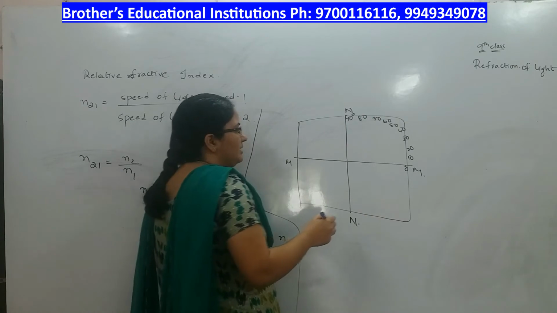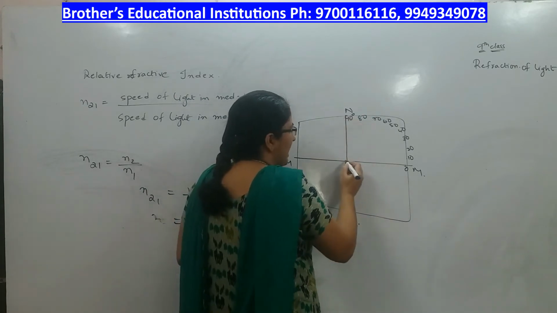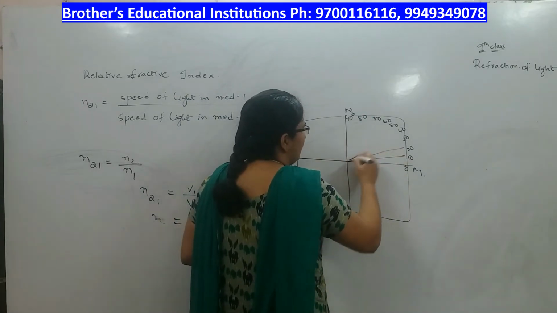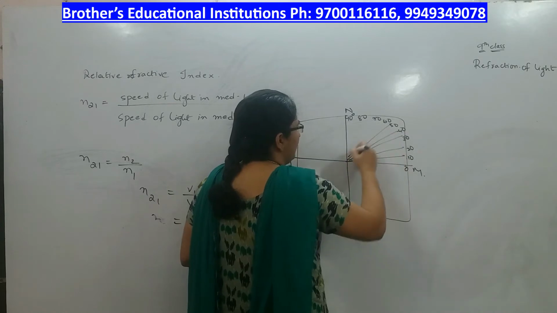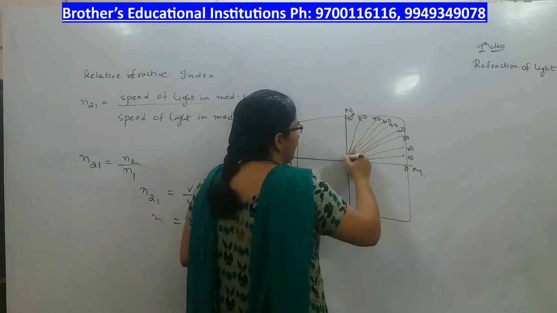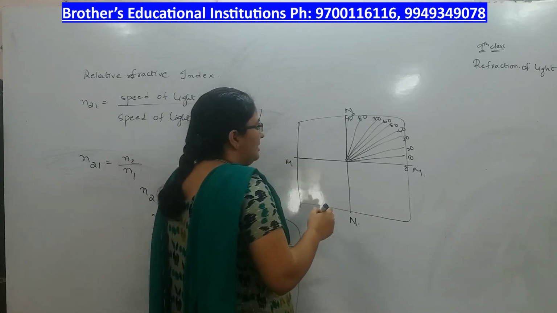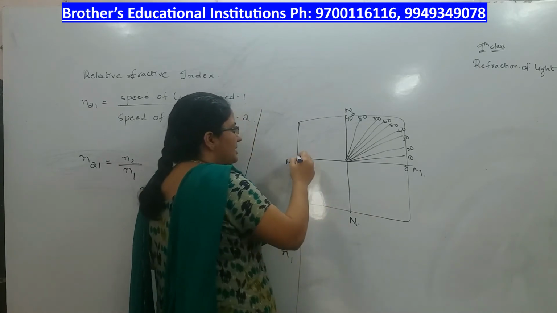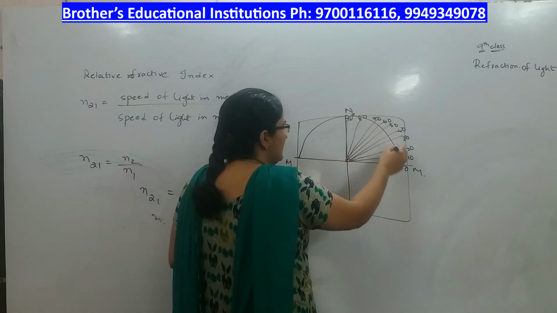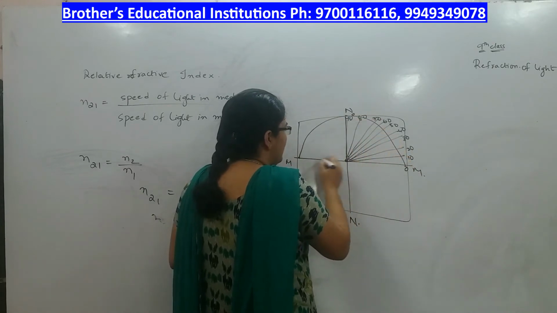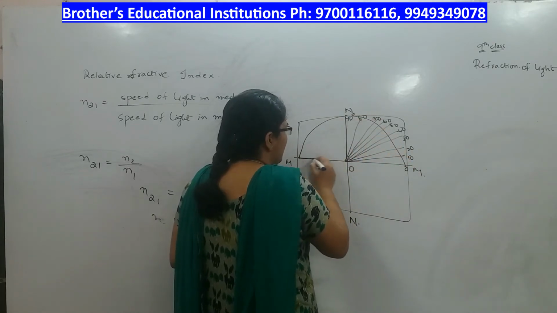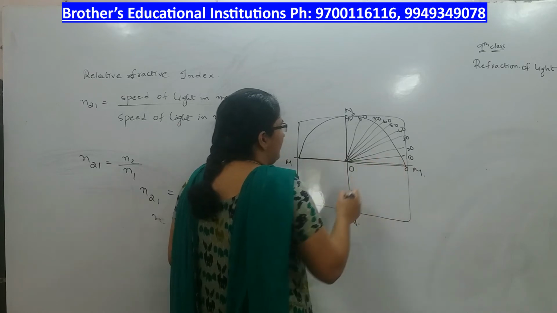Mark 0 to 90 degrees angles. Like this. Now take the semicircular glass disc, place it, see that the center of it coincides with O, place it along MM.